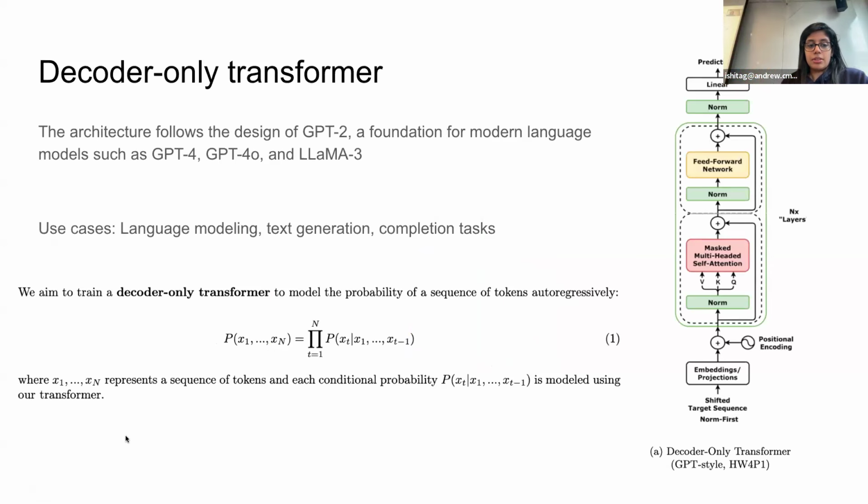This is just a little detail about that, and this is the training objective: after training, we finally expect our model to be able to generate the next tokens based on the previous tokens.